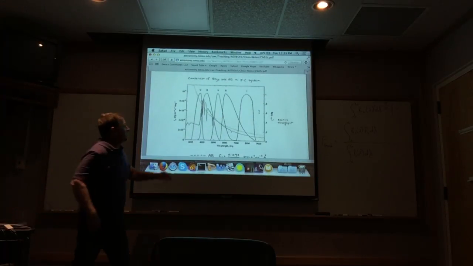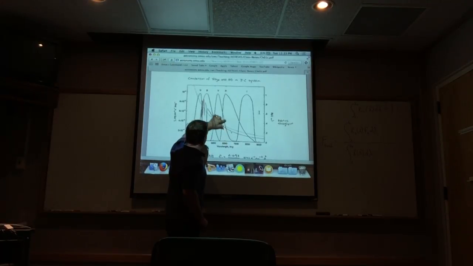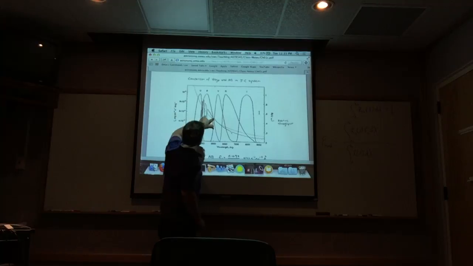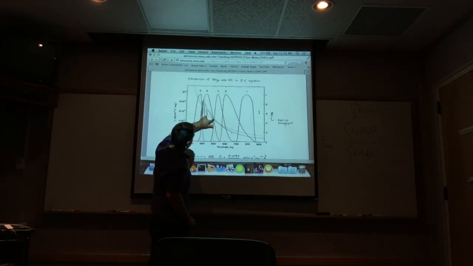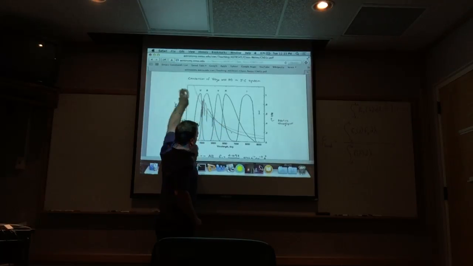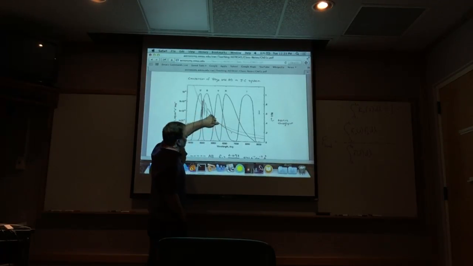Okay, you measure Vega, which has, here's its F lambda, and you do the integral of this sensitivity curve with that F lambda, you get out a magnitude.